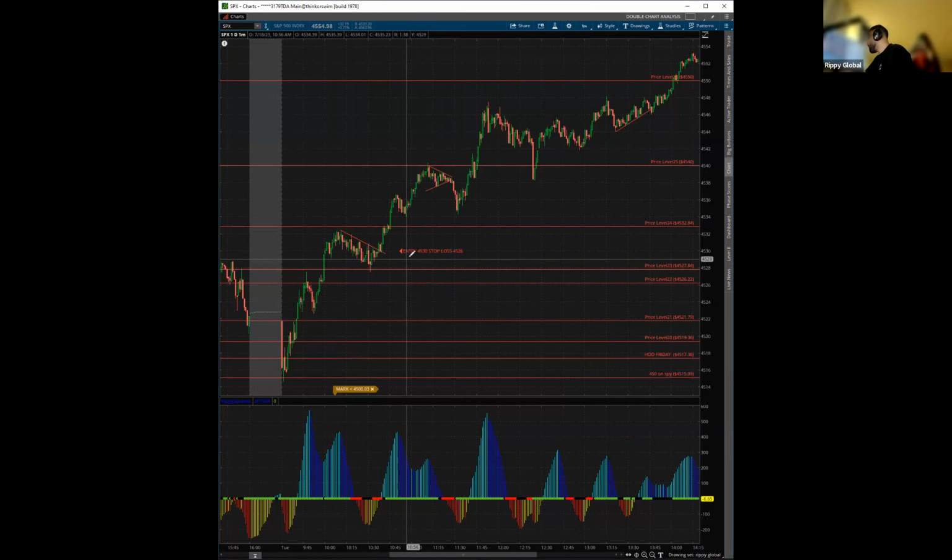My entry is 45.30. My stop loss is 45.26. How much should I be at least making for it to be considered a good trade? Beautiful. I see 45.38. 45.38 right here.